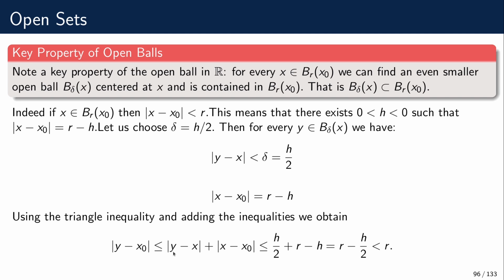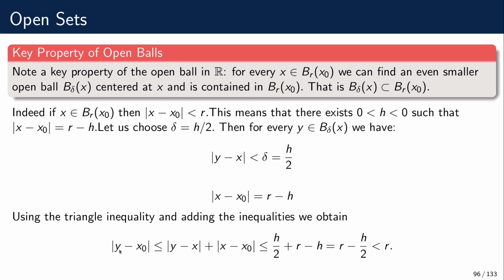And so using the triangle inequality, we see that this is no more than that. The distance from y to x is smaller than or equal to h over 2, and this distance is r minus h. And so what we have here is r minus h over 2, and h is positive, so of course it is smaller than r.